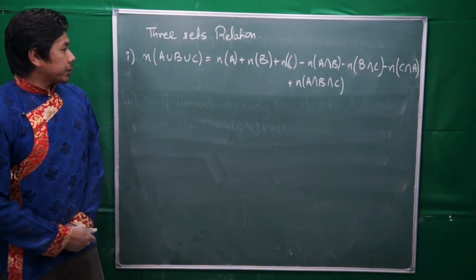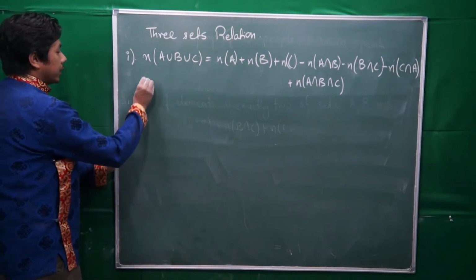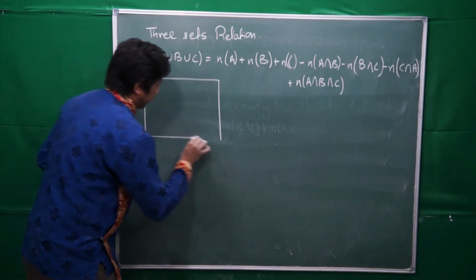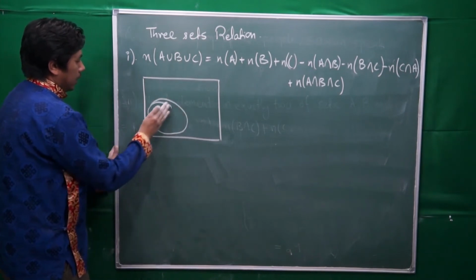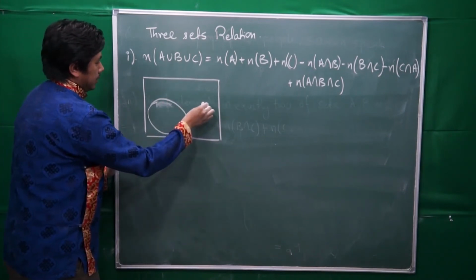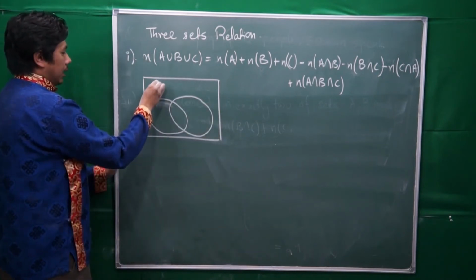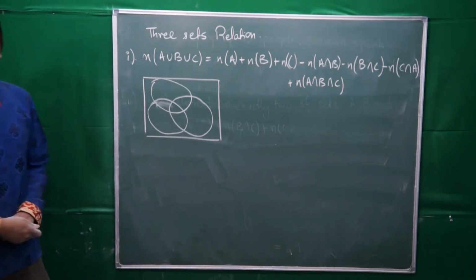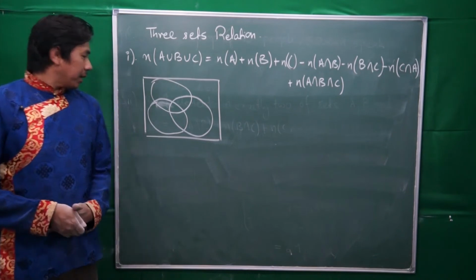Okay, the first relation is number of A intersection B intersection C. What is happening is in the Venn diagram, we need to take three sets: set A, set B and set C. As the sets grow, the intersection part is becoming more complex.